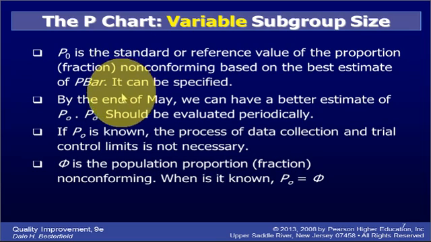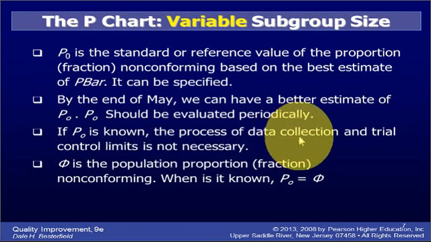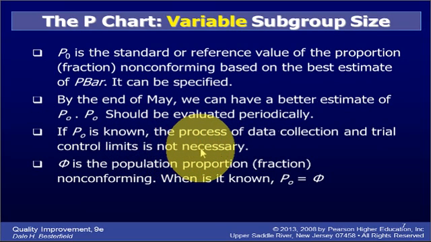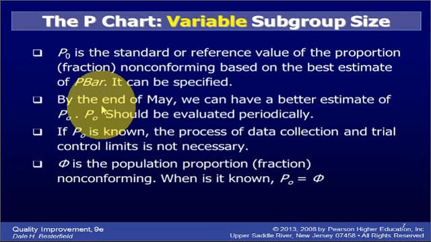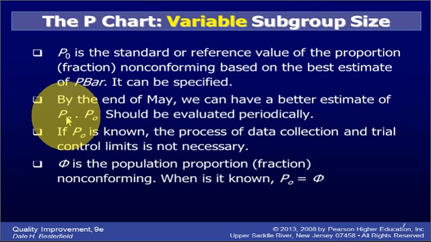If the p0 is known, then the process of data collection and the trial control limits is not necessary. So you do not have to use the p-bar and then the updated p-bar to better estimate the p0 if the p0 is already a given number. As we can see, for the revised control limits in May, we actually used the p0 value that we got in April and March.